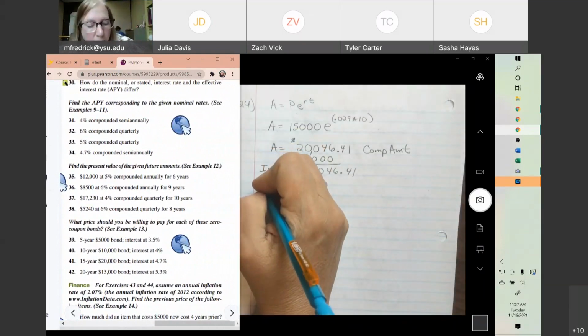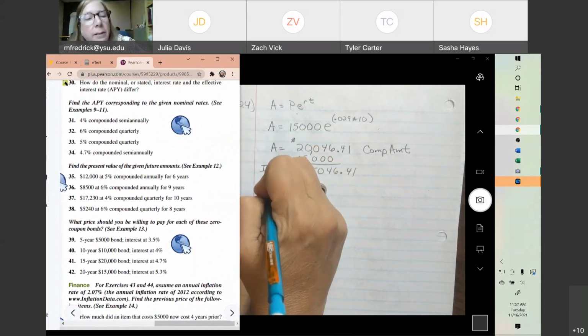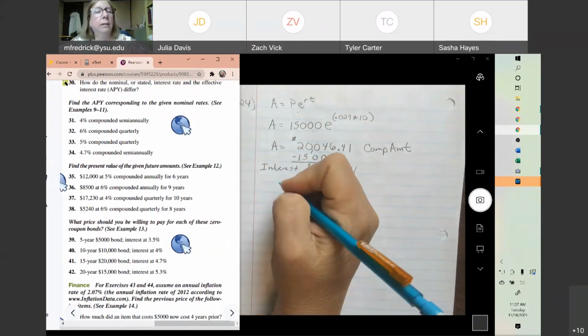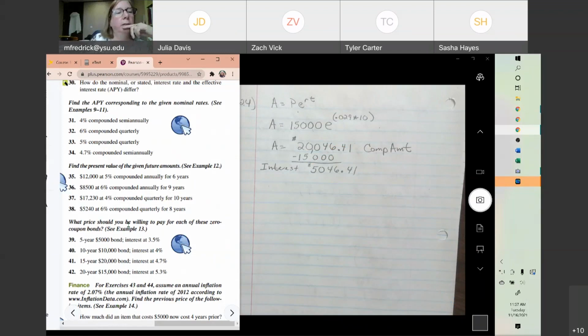The next one I want to do, number 36. It says APY. Wait, 36? 34, sorry. Right here. Find the APY, annual percentage yield.